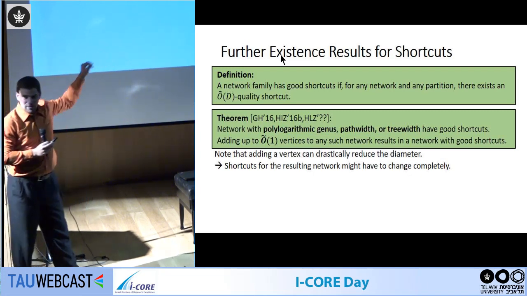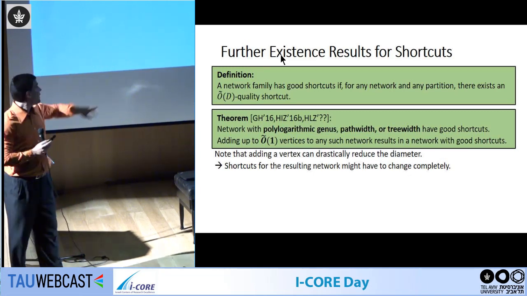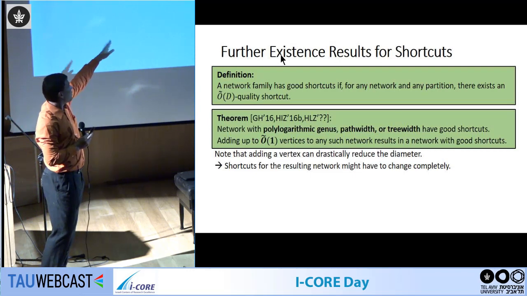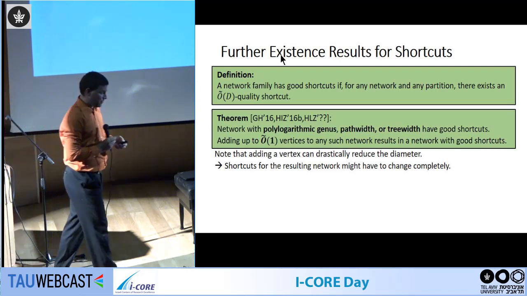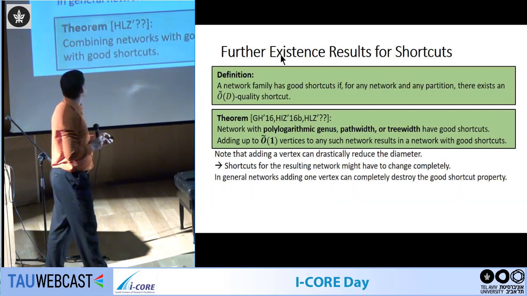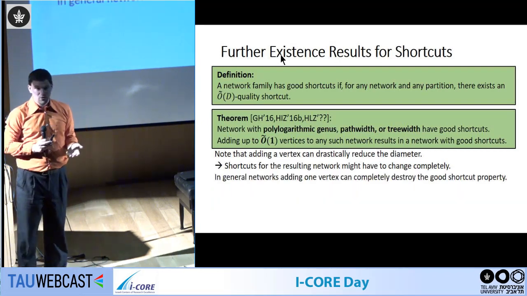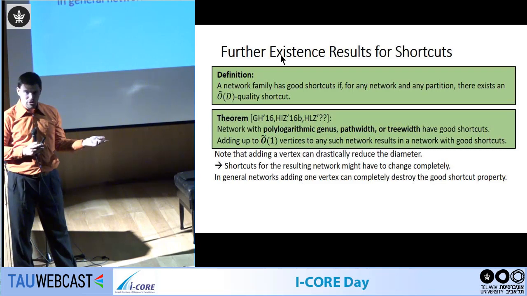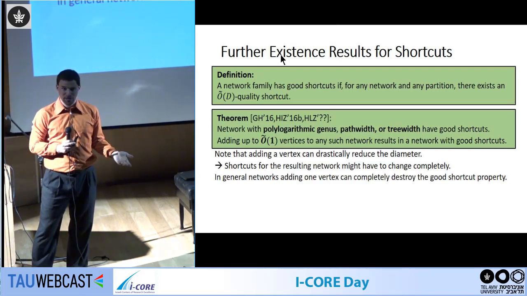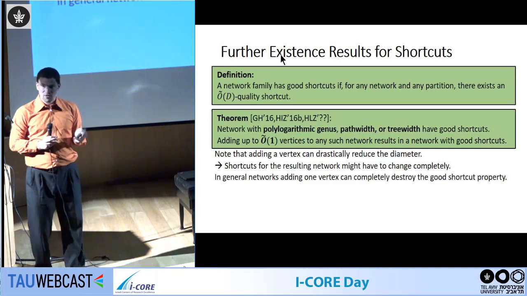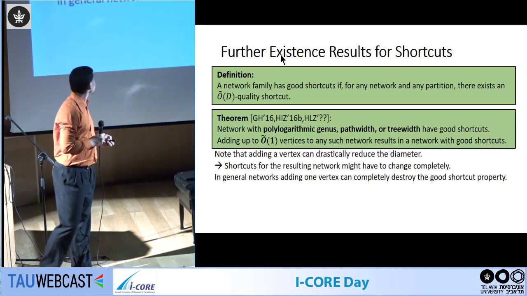That makes this result fairly tricky to prove. You really need to use the bounded genus property here to prove it. In fact, for general networks, it's not true. There are networks which have good shortcuts, and you add one vertex, and suddenly they don't have good shortcuts.